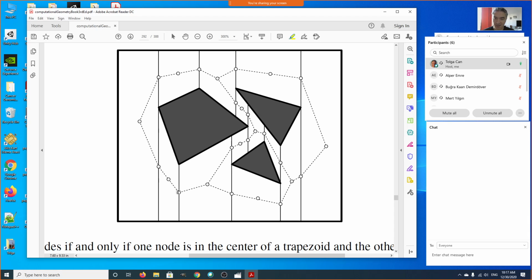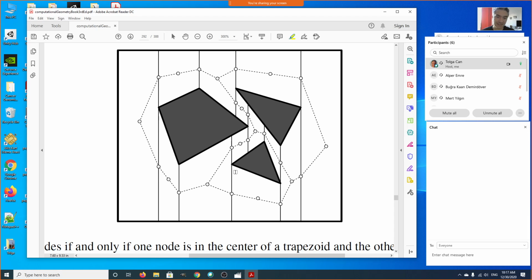We are not colliding with any obstacles because we are inside a trapezoid, moving from any point inside the trapezoid to one of its edges. It's collision free. And from that edge, if you move to the adjacent trapezoid's center, again, it's collision free.